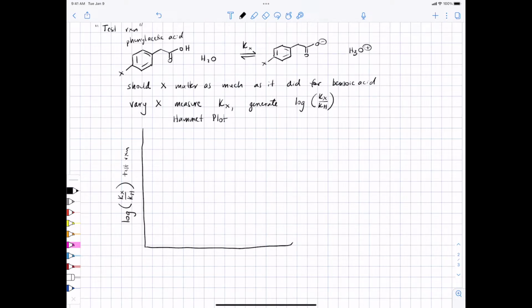And then on the x-axis, we plot the sigma para values, which are the log Kx over Kh for the reference reaction, which is, as you recall, benzoic acid deprotonation.